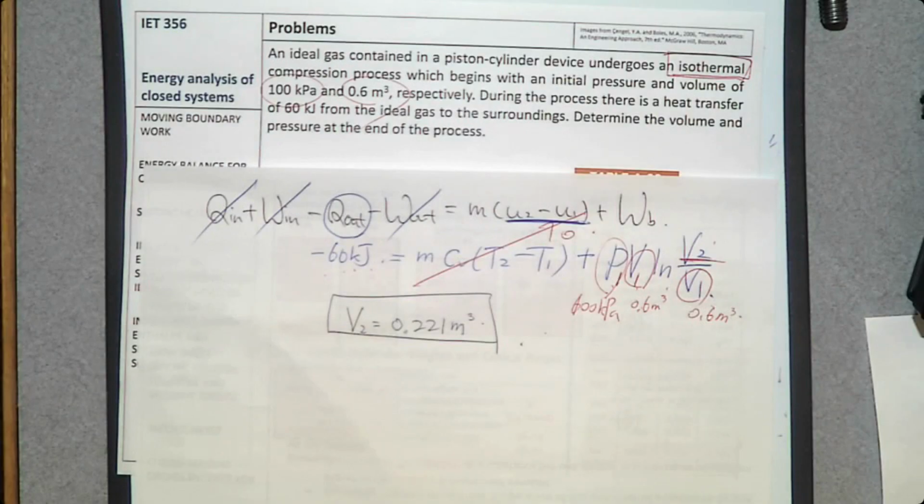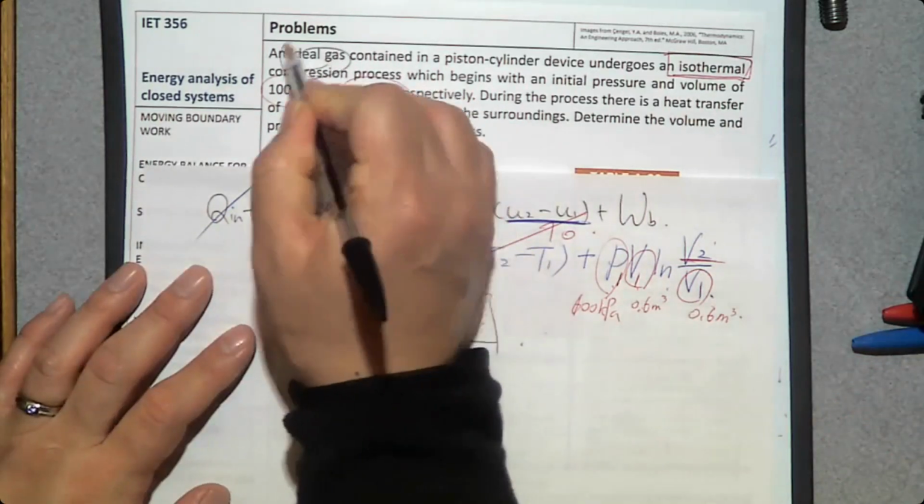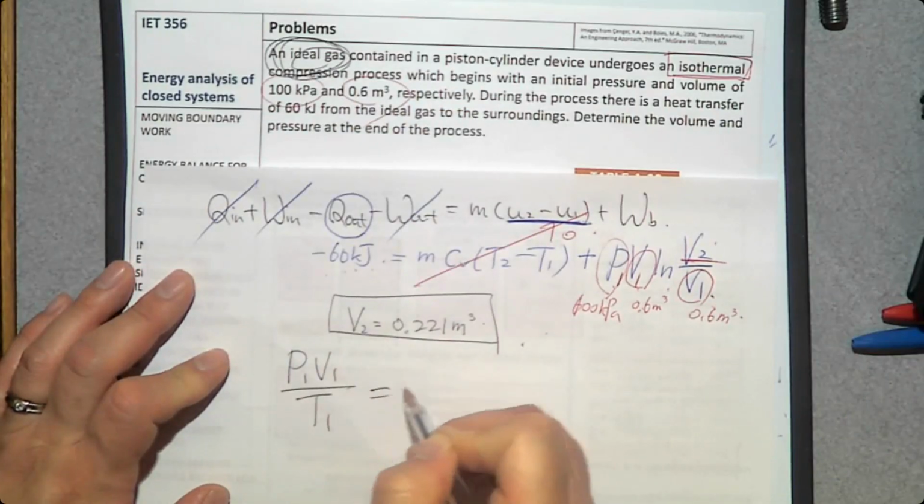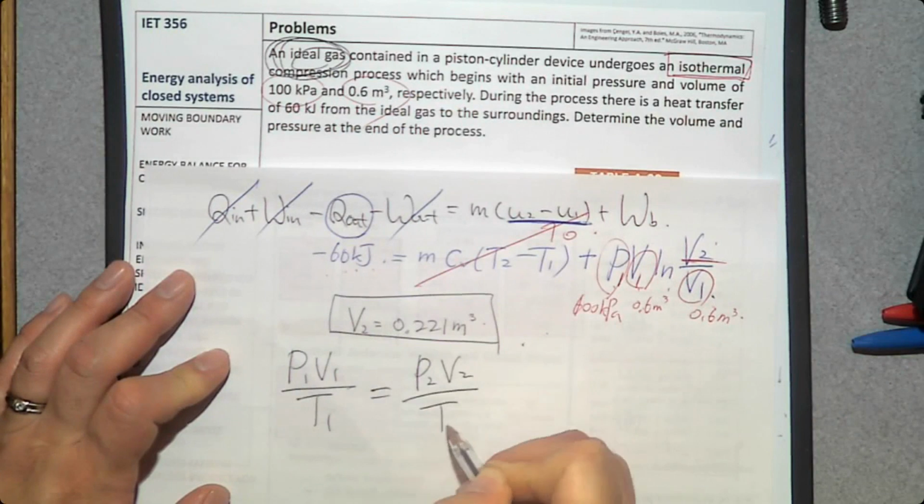So once you determine V2, now we need to determine P2. How can you do that? When you have a constant temperature process, what is the relation between P and V? Do you remember that? It's an ideal gas: P1 V1 over T1 is P2 V2 over T2.